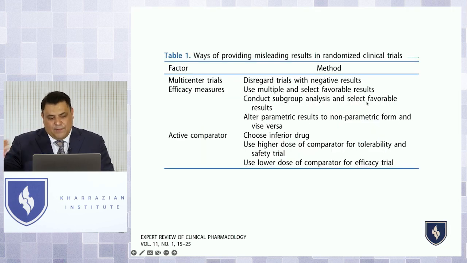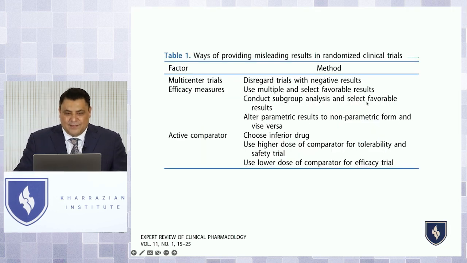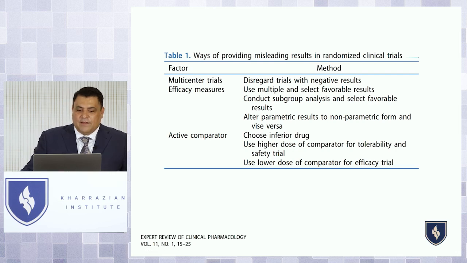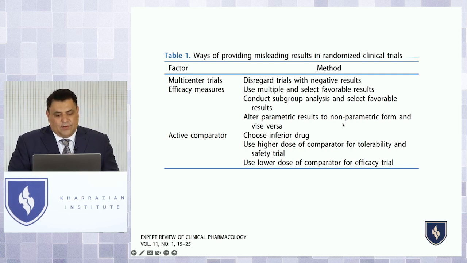So what's known in the field of antidepressant research is a lot of misleading results. They disregard trials with negative results. They use multiple selected favorable results. They conduct subgroup analyses and select favorable results, people that don't have any other comorbidities or diseases. They alter parametric results to non-parametric forms and vice versa, which is a statistical analysis method.